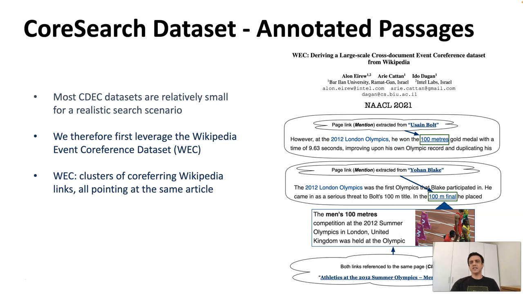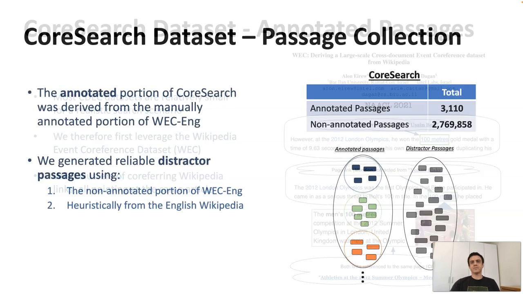This can be illustrated here, where we have two separate Wikipedia articles mentioning the 100-meter event, marked in each one separately. We can say that those events co-refer to each other since they are both referring to the same Wikipedia article, which is the men's 100-meter competition at the 2012 Summer Olympics.